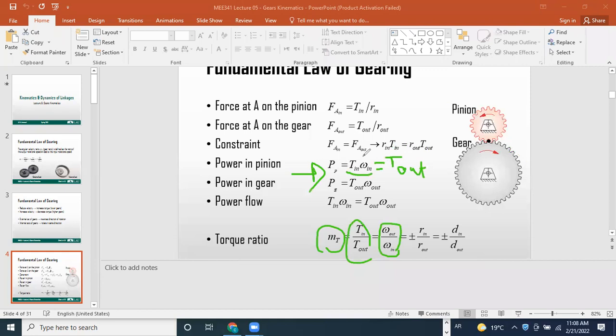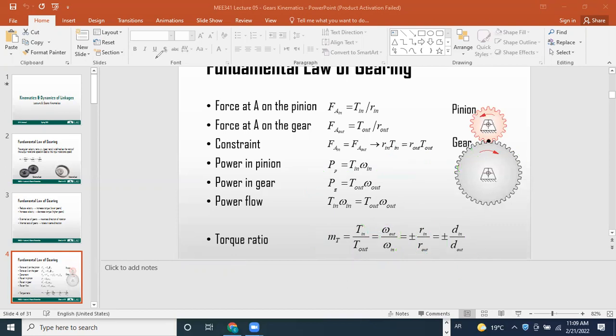And since we have the same power, it's a transmitted power, we assume no losses, then T_in omega_in is equal to T_out omega_out. And then we can also relate the ratio of torques to the ratio of angular velocities. The ratio of torques is inversely proportional to the ratio of angular velocities. So it's proportional to the ratio of radii, of pitch radii of course, and to the ratio of pitch diameters.